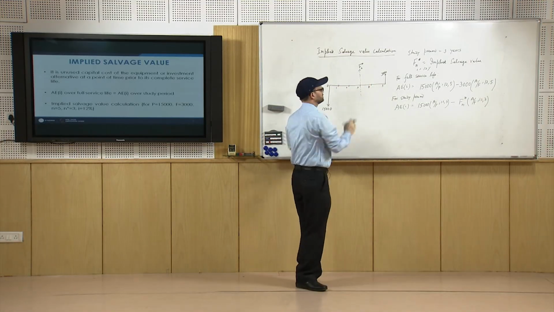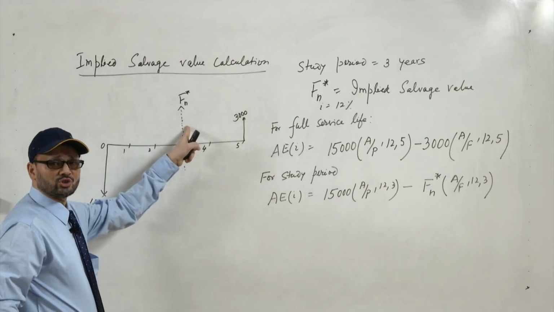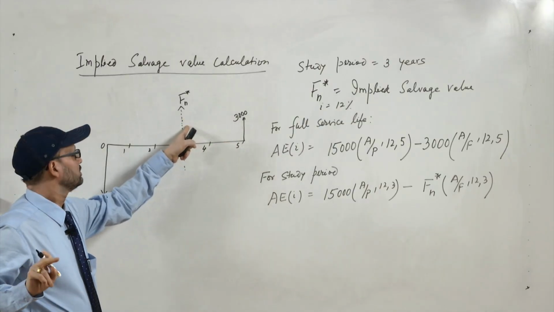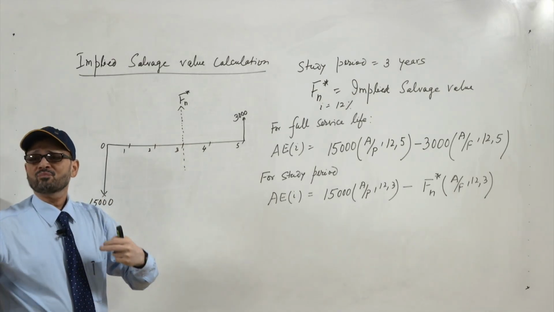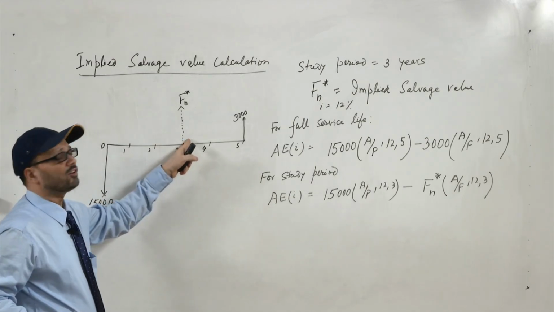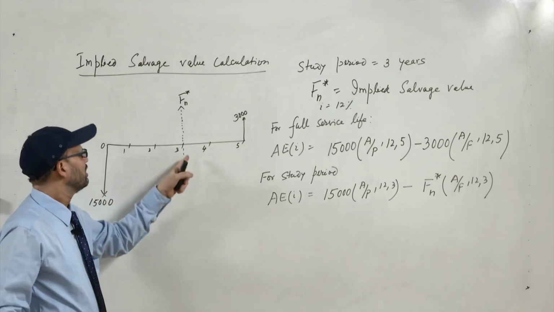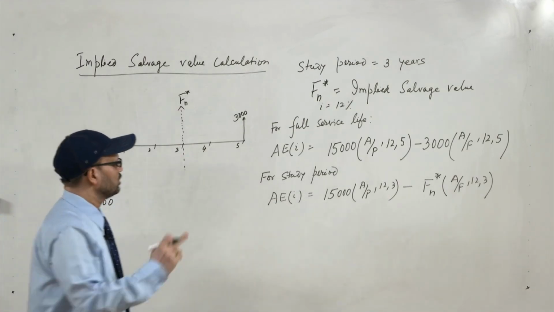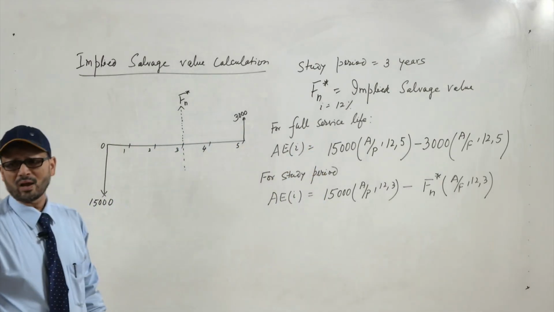Fn star is the salvage value which is supposed to be for the equipment when it is assumed to be disposed of at the end of 3 years, because we are doing the replacement analysis calculations for 3 years. So, in that case, this one and this one should be equal.